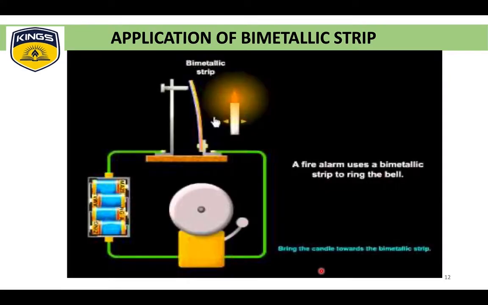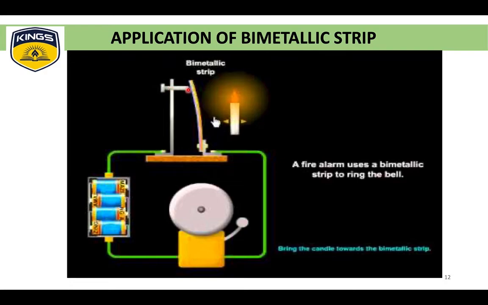Now, one of the best examples is given here. We all know about the fire alarm. How does this fire alarm work? When the temperature rises, here we show a candle. If it is glowing, the temperature nearby rises, and the bimetallic strip gets bent like an arc.